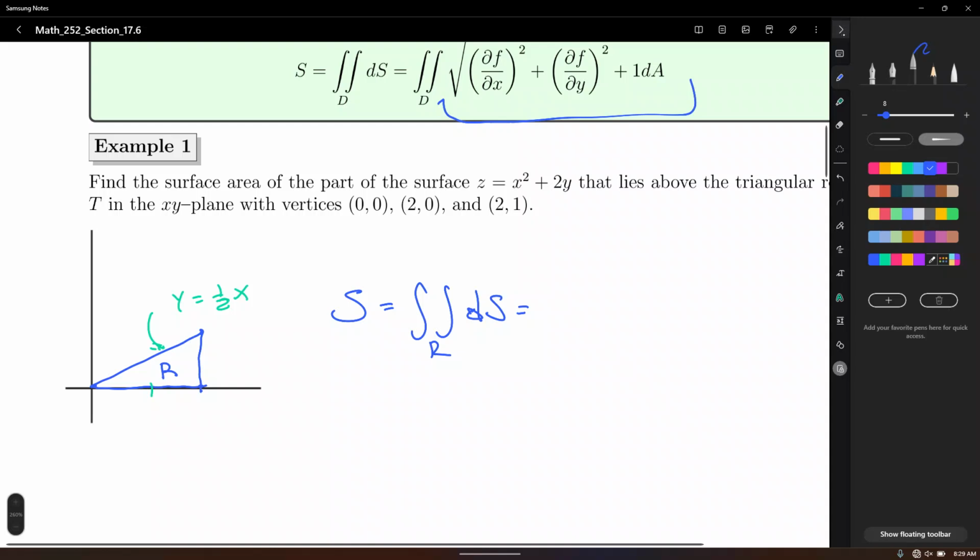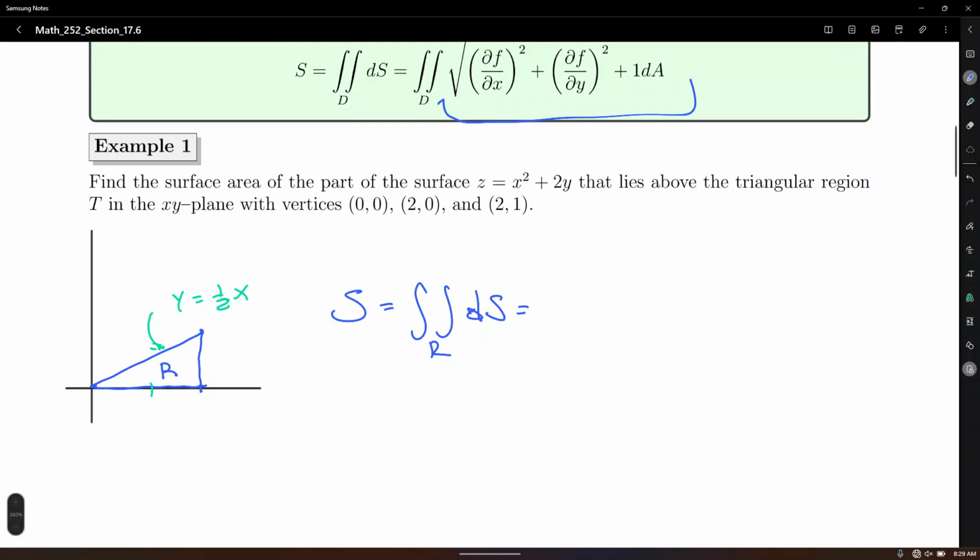Lowercase s, arc length, uppercase S, surface. Right? Okay, so that'll be the double integral over the region R of the square root of z with respect to x quantity squared plus z with respect to y quantity squared plus 1, dA.